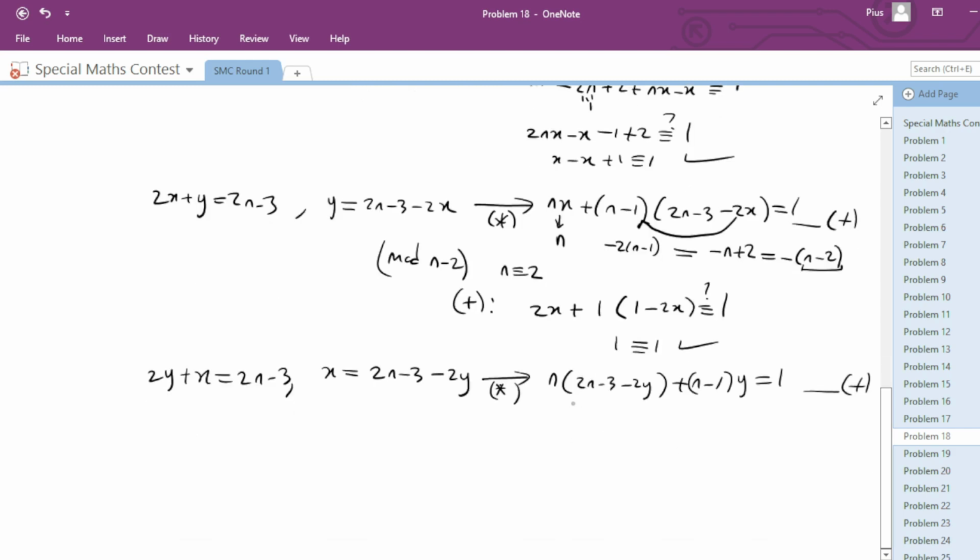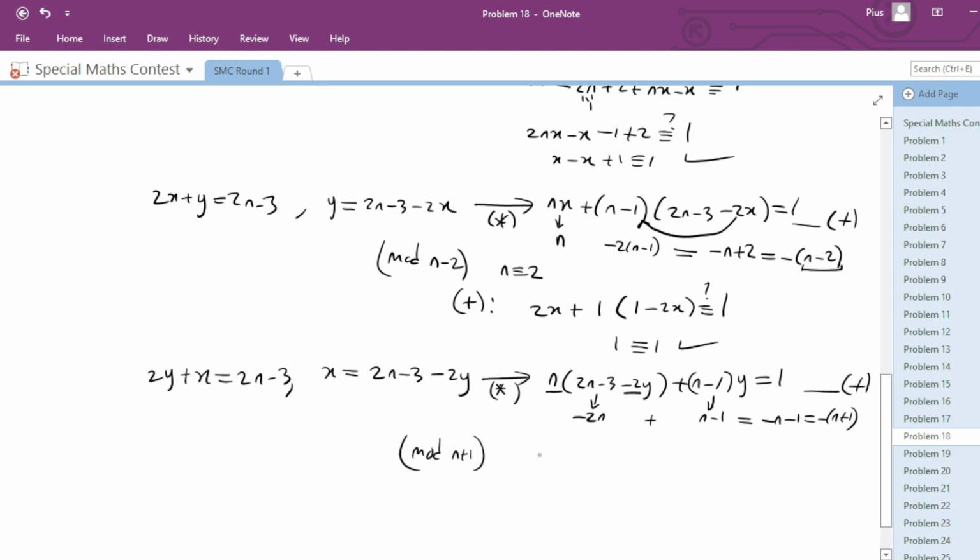Now we're looking for the coefficient of y to check when it's going to be an integer. So we look at this. Here we have minus 2n, and here we have n minus 1. So if you add that, we get minus n minus 1, which is negative (n plus 1). So the right modulus here is n plus 1.